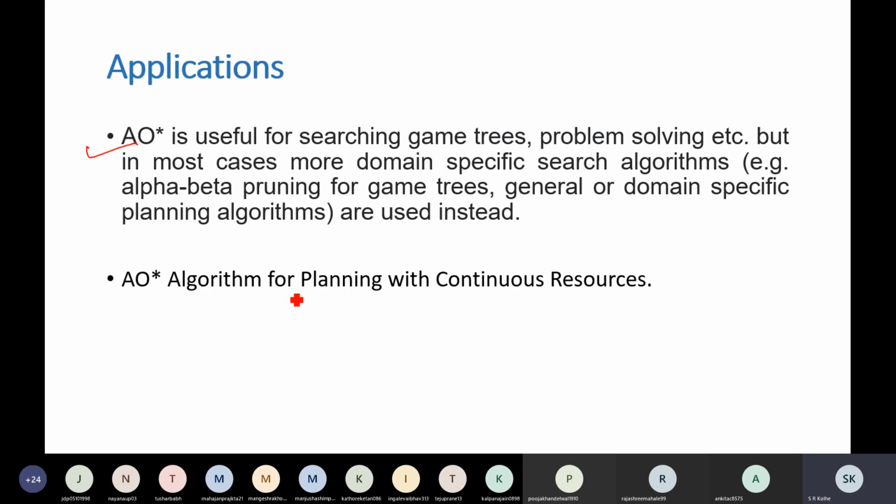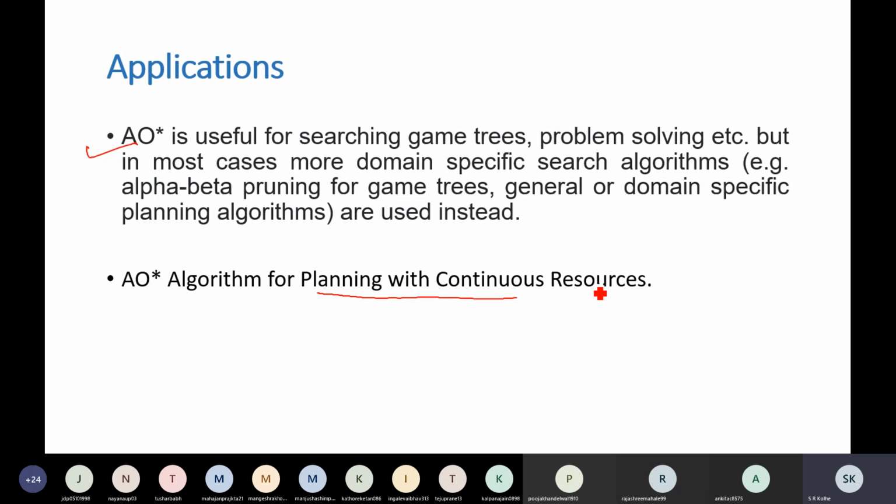It is also used for planning with continuous resources, which we will see in planning. Later on, we are going to discuss, I think, the last unit on planning. Out there also you will find the AO star algorithm useful.